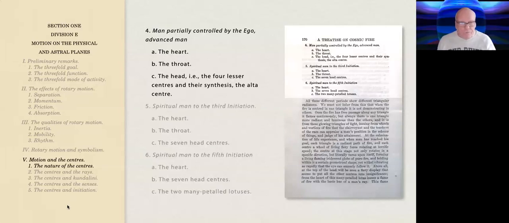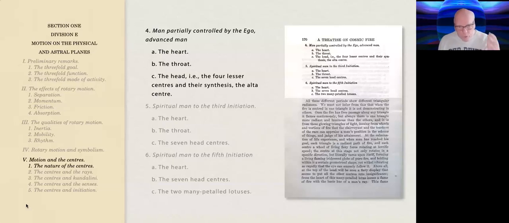So first, 4, man partially controlled by the ego, advanced man. A, the heart, B, the throat, C, the head. That is the 4 lesser centers and their synthesis, the Alta center. It's difficult to say whether the heart and throat here represent the stage where the energy of the sacral center has been transferred to the throat and the solar plexus has been transferred to the heart.